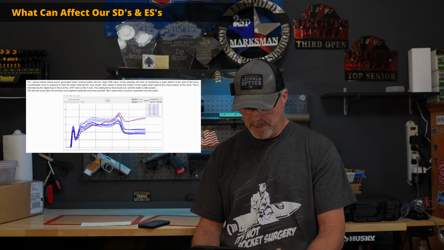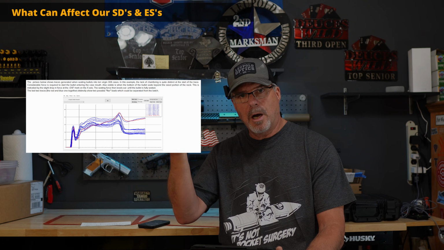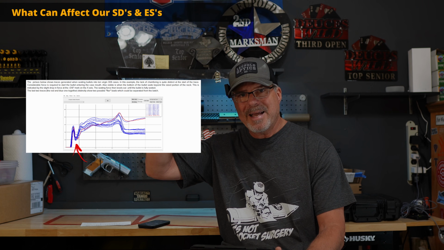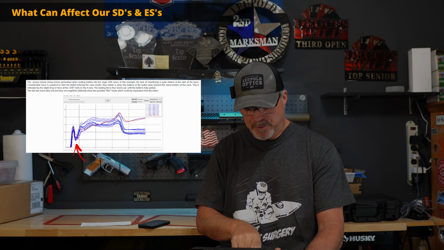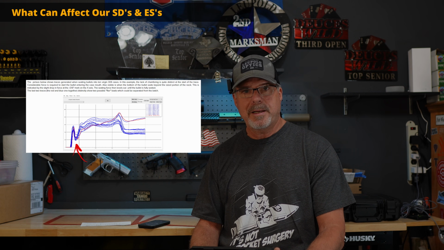This thing's a mess. What it's basically saying is, because we didn't chamfer and deburr, that bullet hung up on the very edge mouth of that case until it reached a certain pressure, and then it popped that bullet in. That's what that first little jump is on the left-hand side of this chart, right?